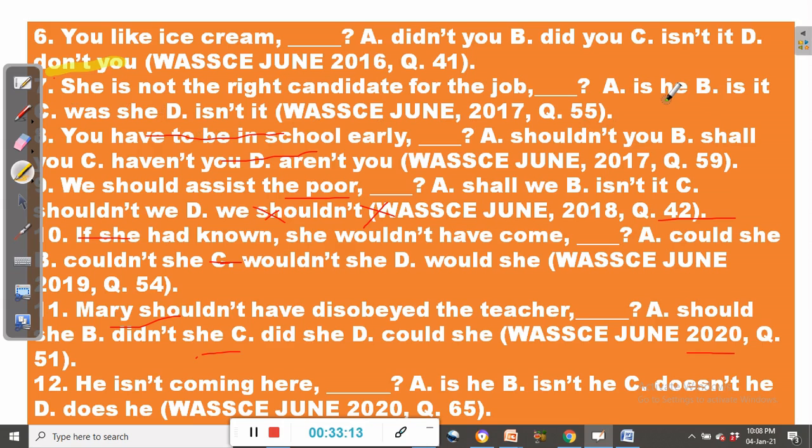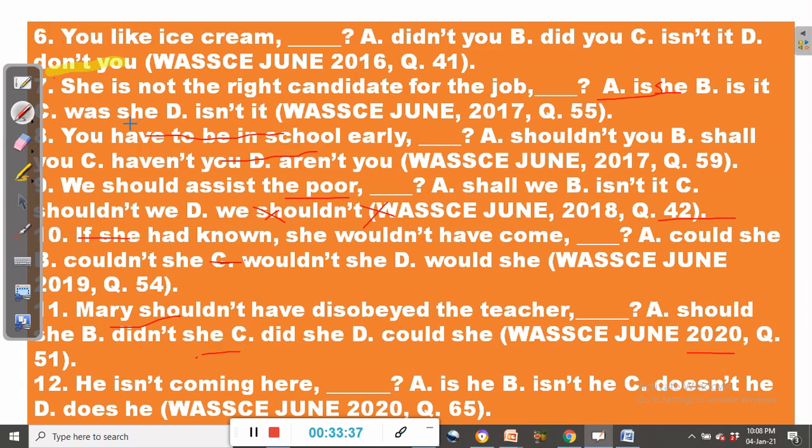Although this could be a typo. Something was omitted here. So let's correct this. This should be is she. So this word is she. All right. So that's what we have here. And that essentially is the answer.